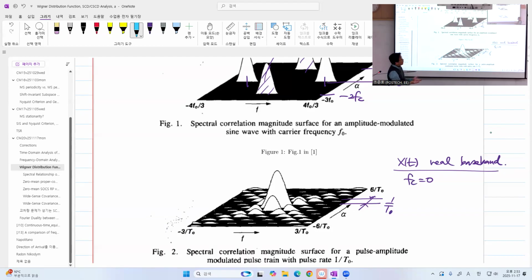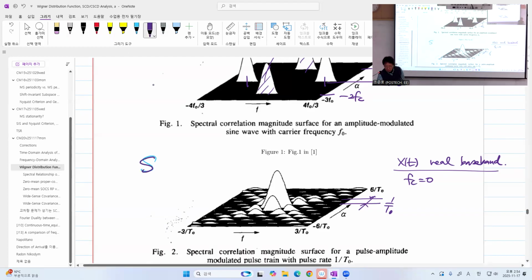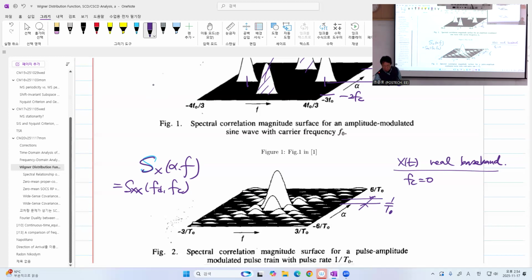And actually, this is nothing but, as you will see, the bi-frequency spectrum evaluated at this one here. Sorry, this is F1 and F2.